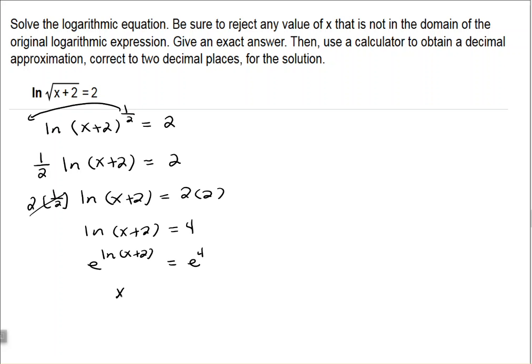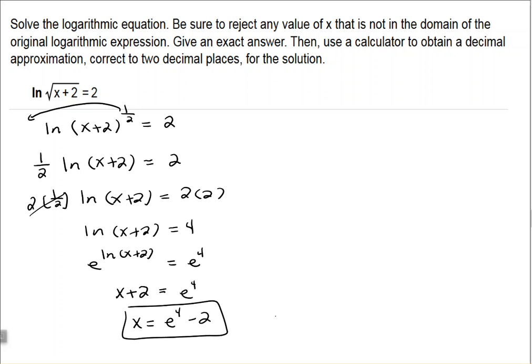That just gives me x plus 2 on the left hand side. And then the final step to the exact answer is to subtract 2 from both sides. So the solution is x equals e to the 4th minus 2.